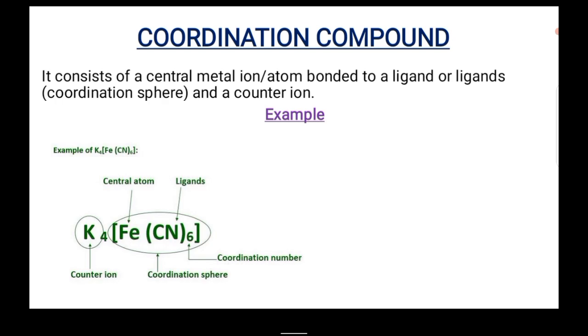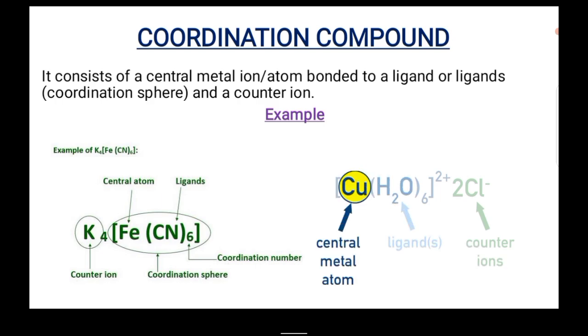This full compound, the coordination sphere plus the counter ion, forms a coordination compound. Another example, we have copper, water, and two chloride ions. This central metal ion plus the ligands forms a coordination sphere, and plus the counter ion chloride forms a coordination compound.